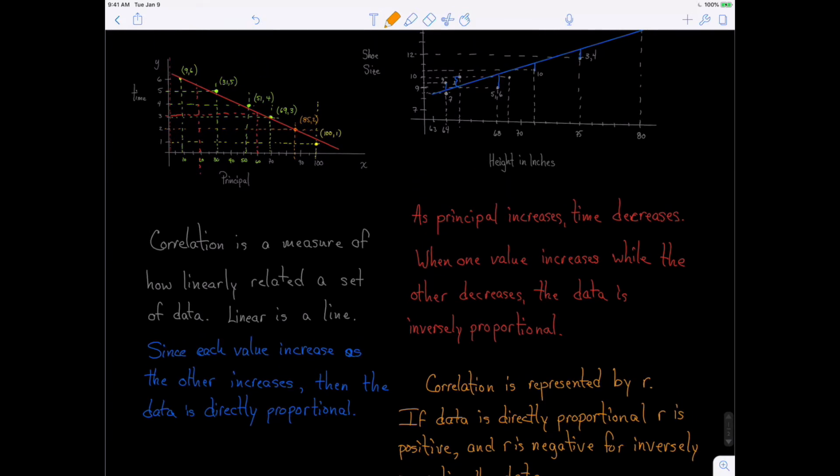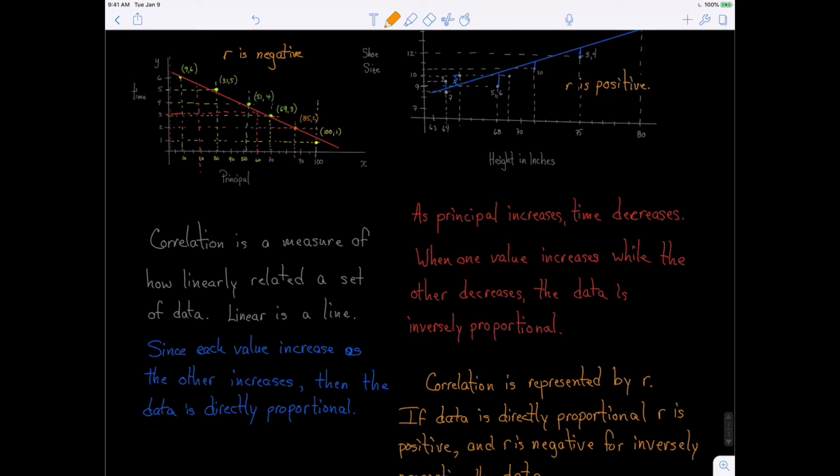So when we look at our loan up here, we're going to have R is positive. Oops, I'm sorry. In this case, since it's decreasing, R is negative. And for our height and shoe size, we would say that R is positive.